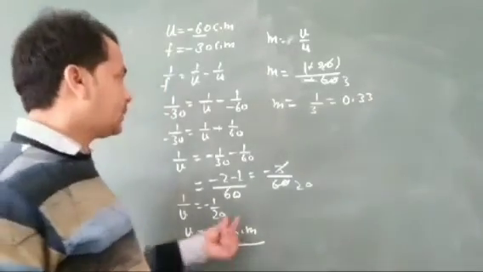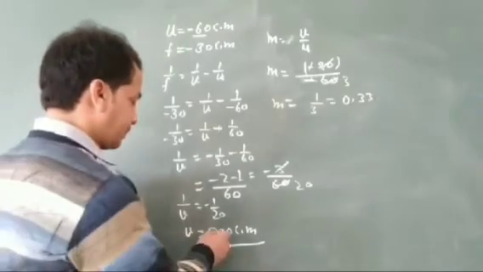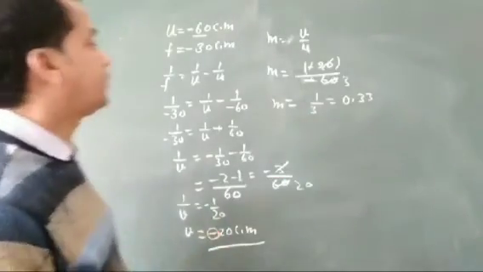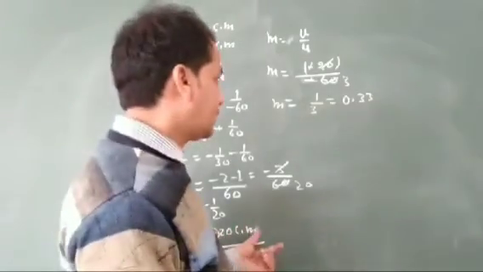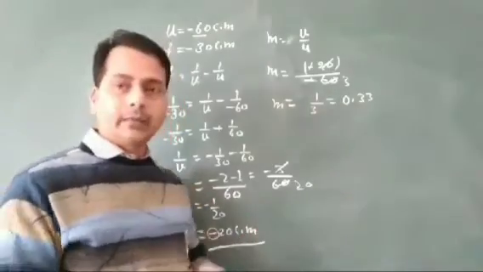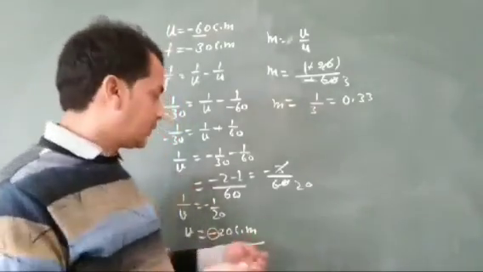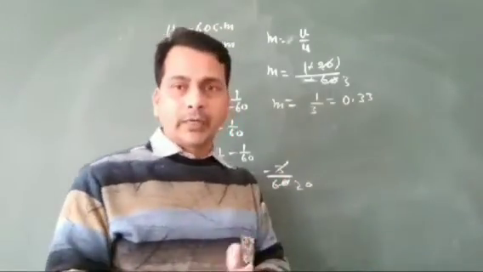So the nature of this image is virtual, and the magnification is 0.33, so the image is virtual, erect, and smaller in size than the object.